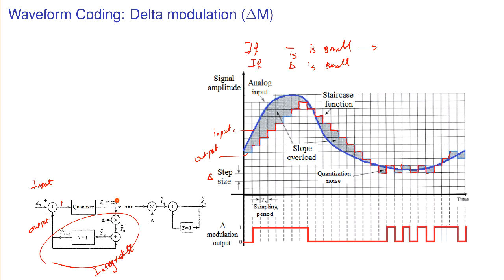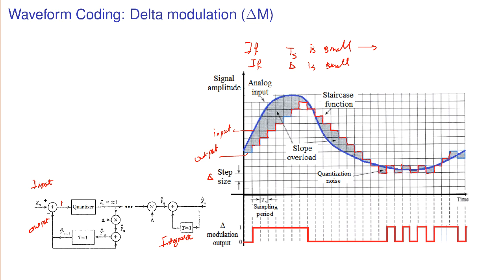You multiply these ±1 by delta, and then you integrate it. And the receiver is nothing more than the same thing. This integrator here is also your receiver. So you multiply by delta and then integrate it. So this is delta modulation.